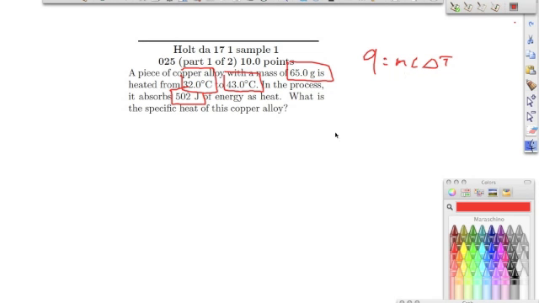So when we're solving for this, our specific heat is going to equal Q divided by our mass times our change in temperature.